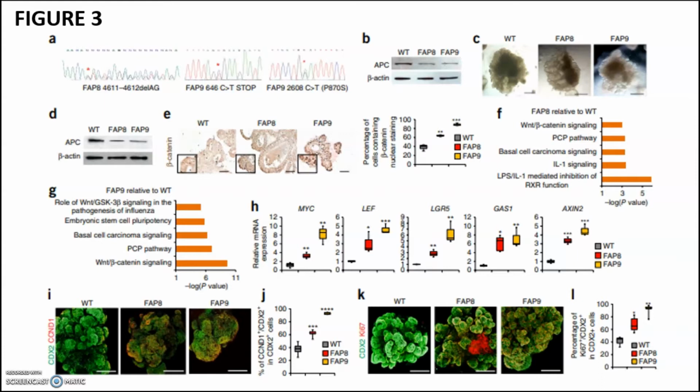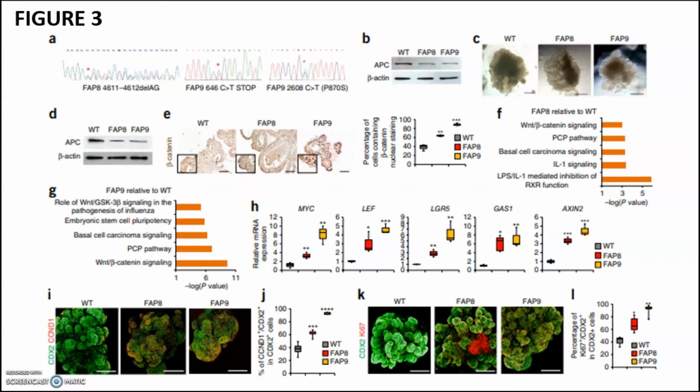Crespo et al. created induced pluripotent stem cells from patients with FAP, or familial adenomatous polyposis, and derived the colonic organoids from the FAP induced pluripotent stem cells, or iPSCs.